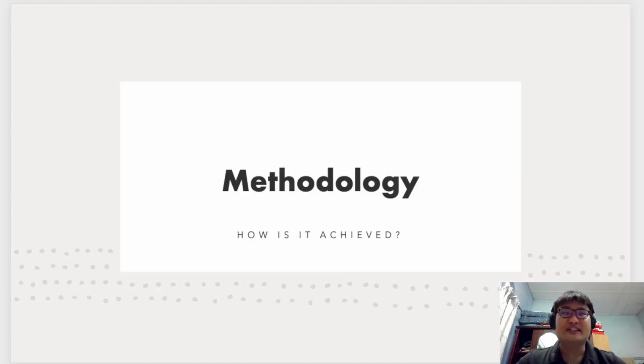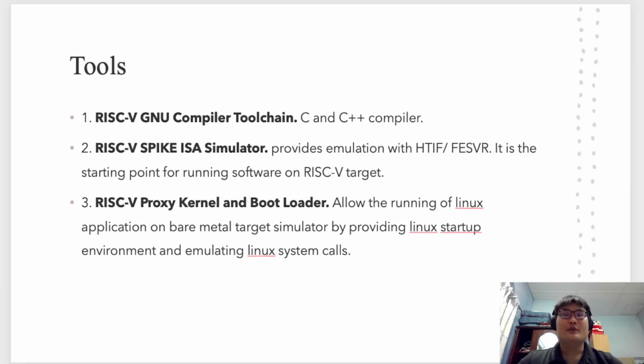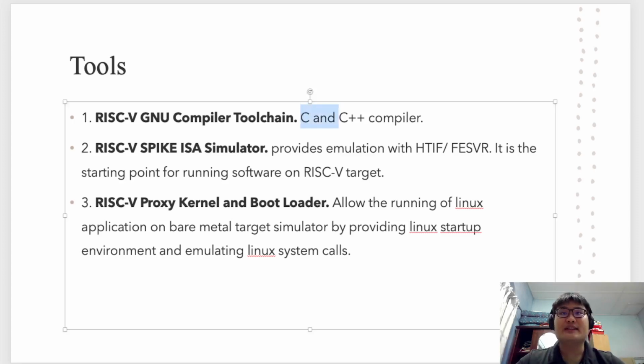Now, how is it achieved? For this project context, we'll be using the RISC-V GNU compiler toolchain, which is essentially a C and C++ compiler. Another tool we use is the RISC-V Spike ISA simulator, which provides emulation with HTIF or FESVR, and this is the starting point for running software on a RISC-V target.